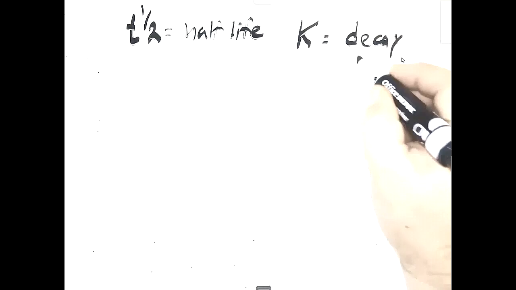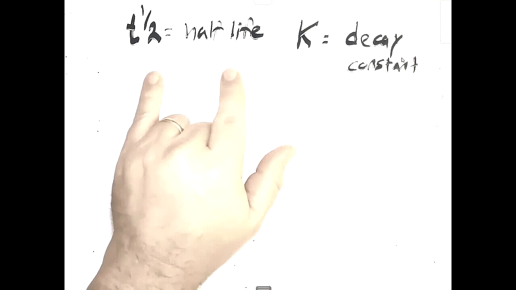And this is the decay constant. Now, these are both just two different ways of trying to keep track of the way that a radioactive isotope will fall apart. When we look at it from the point of view of the half-life, we're asking how much time is going to go by until about half of the substance is gone.